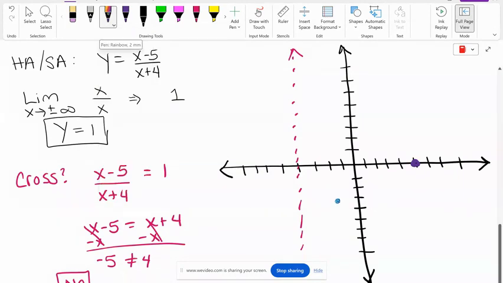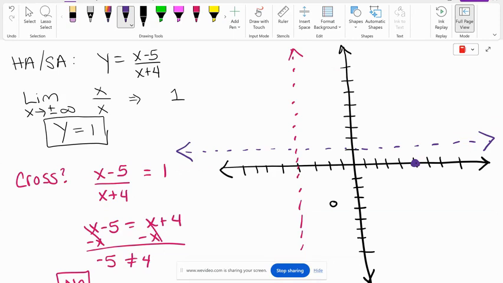Right around here. Oop, that should be an open circle. We have a horizontal asymptote at y equals 1. And we are not crossing that horizontal asymptote.